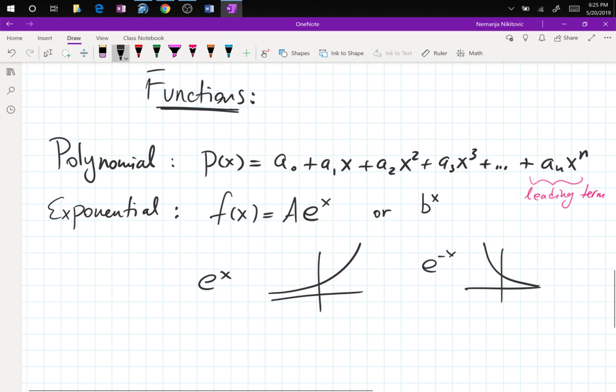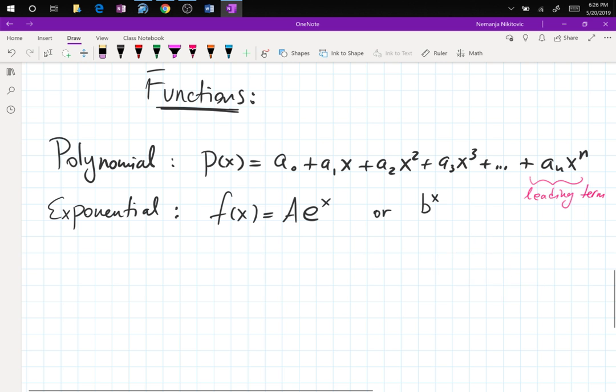Maybe metabolizing a drug in the bloodstream, population, money, right? Growth of money in the account. So a whole bunch of that stuff, they all belong to exponential functions, and they all pass the vertical line test, so they are functions, right?